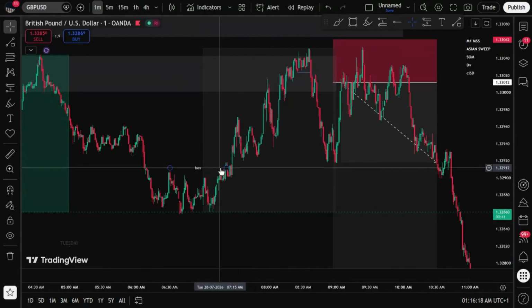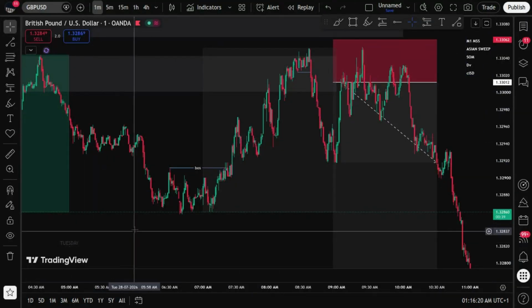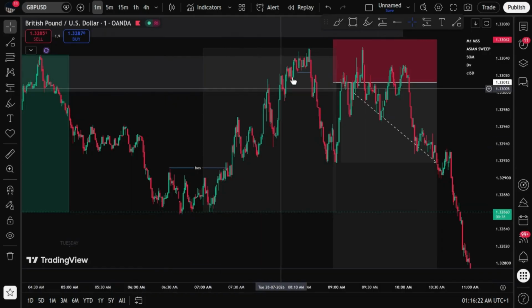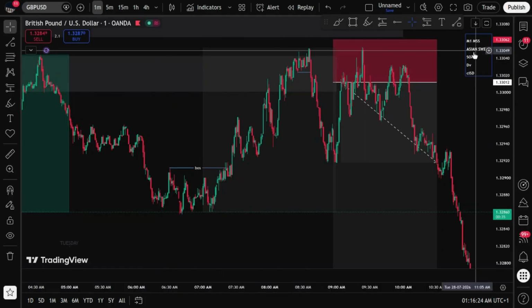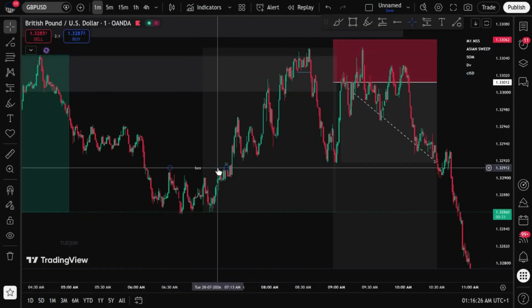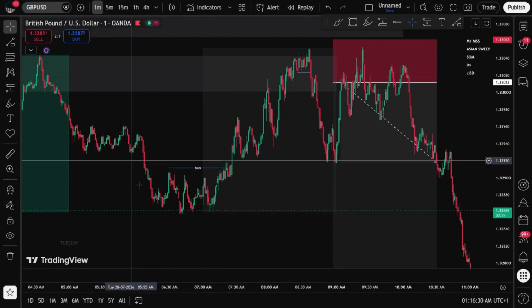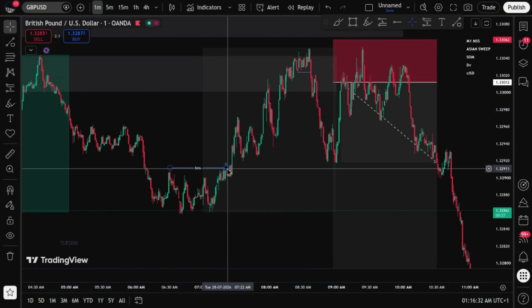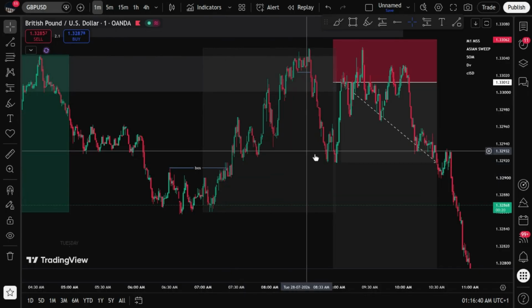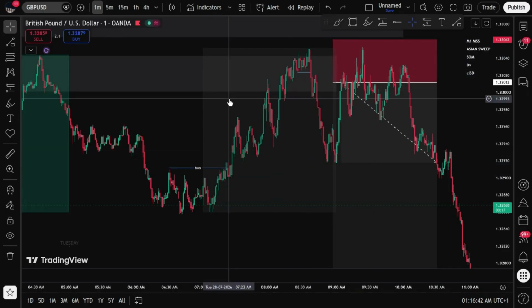This is the M1 market structure shift. The Asian sweep, we had the Asian sweep below and then the Asian sweep above. The open session manipulation, this break is the open session manipulation because price was already trending downwards, and after the session opens, price changed direction. That is a session open manipulation.